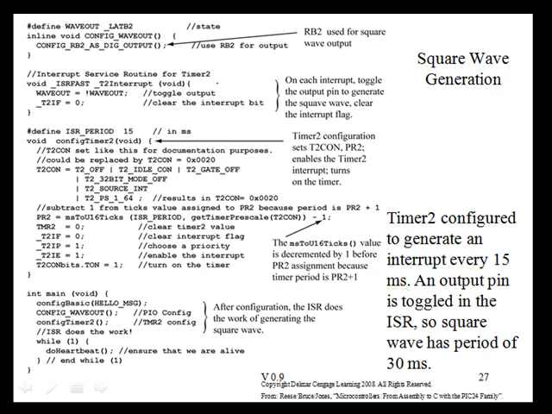One, whenever an interrupt occurs, there's some uncertainty as to how many clock cycles it will actually take to enter this interrupt, based upon where in the instruction cycle the interrupt occurs. The other thing that could happen is that if there was a higher priority interrupt currently executing, then this square wave right here, the interrupt may be delayed because the higher priority interrupt was executing. Both of those things would cause the output square wave to have some jitter in it.